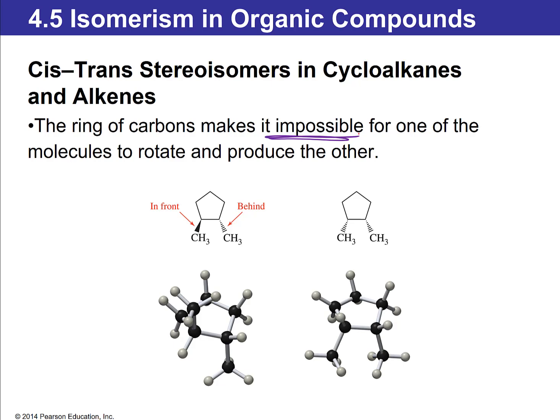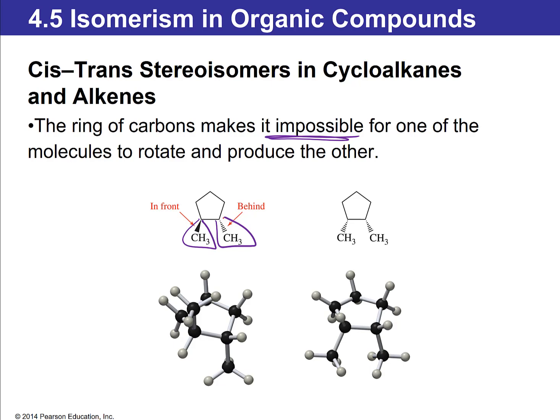That can create hanging groups, non-hydrogen groups, that are stuck in position. If you're looking at a ring and one group hangs down, the other group is sticking upward. No matter how you turn that ring around, you can't make them both on the same side.